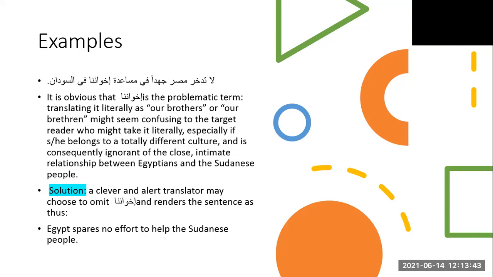Now, you conveyed the content, and this is a communicative translation. If you add our brothers, you are simply confusing the target reader. And you know, our Arabic language is full of such intimate words.